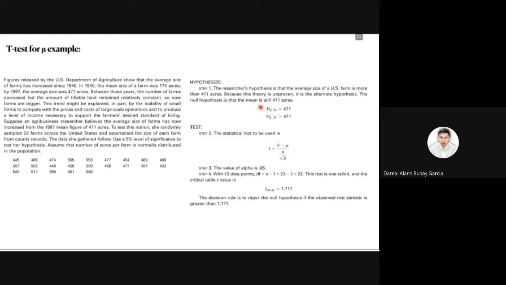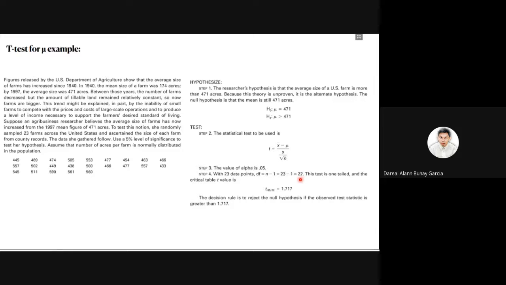Our null hypothesis would be mu is equal to 471 and the alternative mu is greater than 471, because the agribusiness researcher believed that the average size has increased. And we're going to use the t-statistical test. Alpha is 0.05, degrees of freedom n minus 1 is 23 minus 1, that's 22. So we're going to look up these two values in our t table.